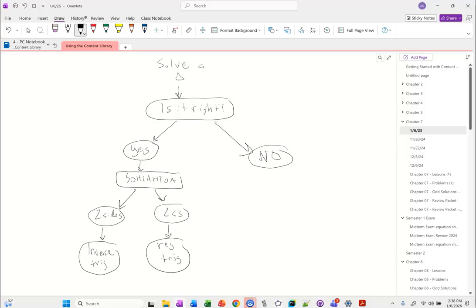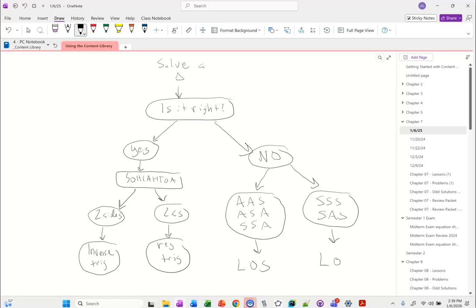So the next situation is if we don't have a right triangle. If you're given angle, side, angle, or side, angle, those are law of sines situations.